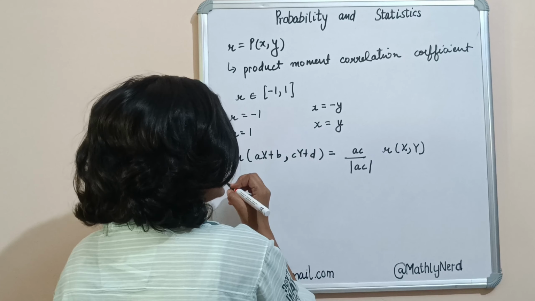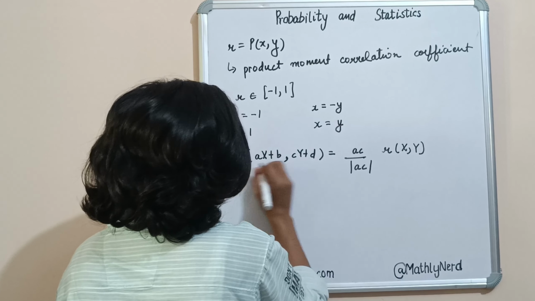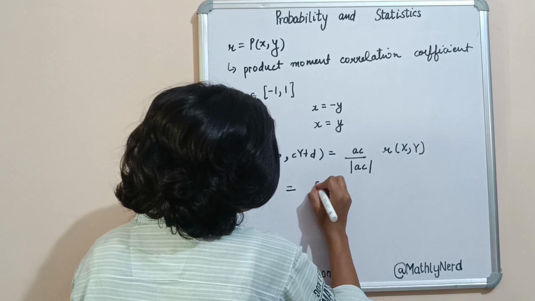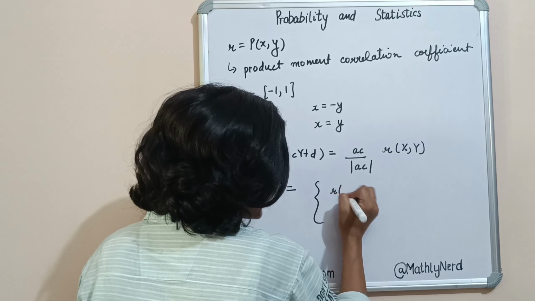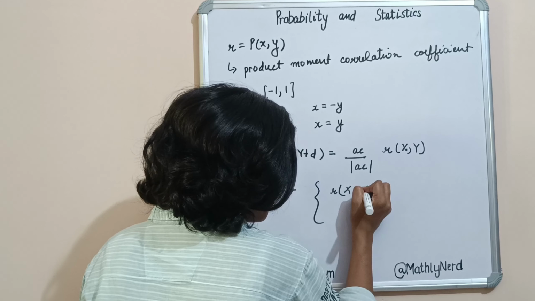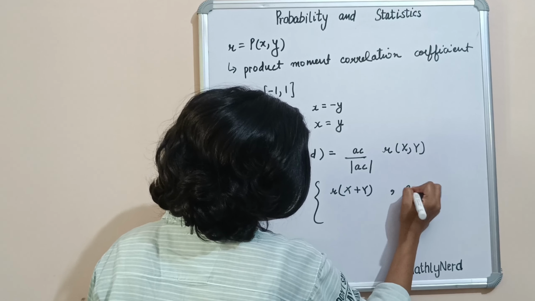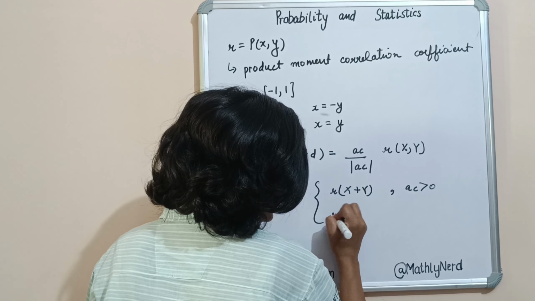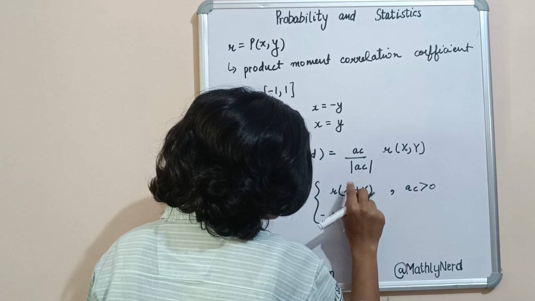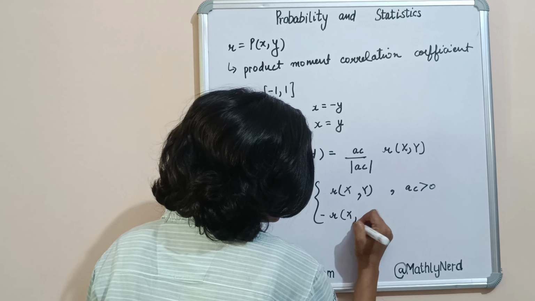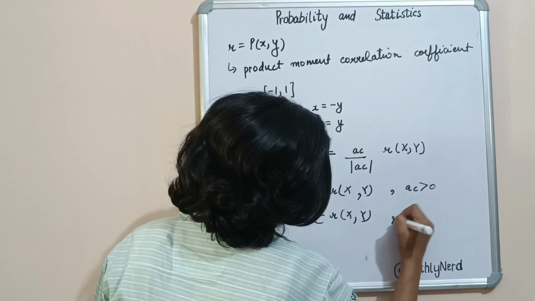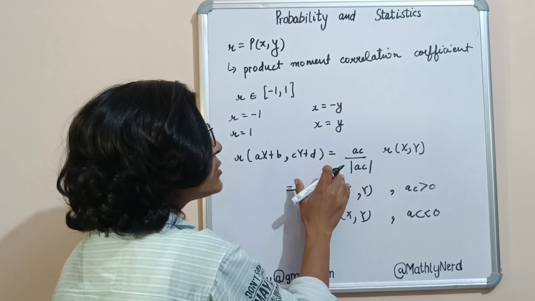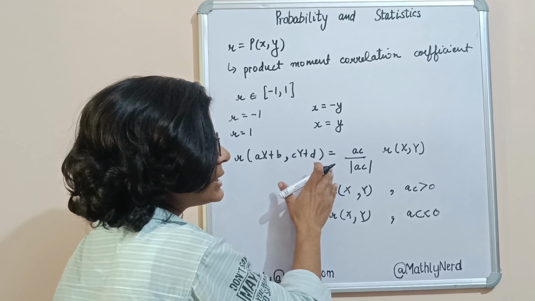We can also write this as r(ax plus b, cy plus d) equals r(x, y) if ac greater than 0 and minus r(x, y) if ac less than 0. It just depends on the sign of ac.